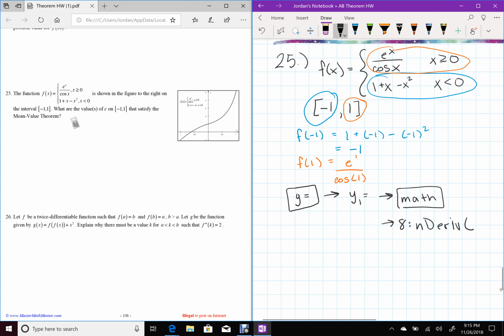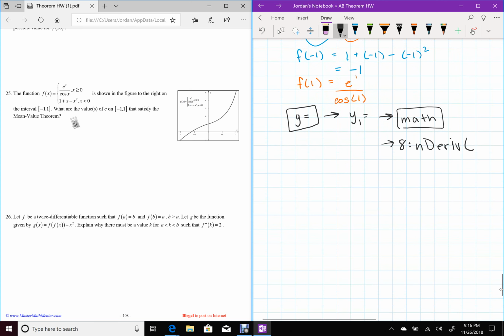Now, what this will do is it'll give you a pop-up that hopefully will look like this.